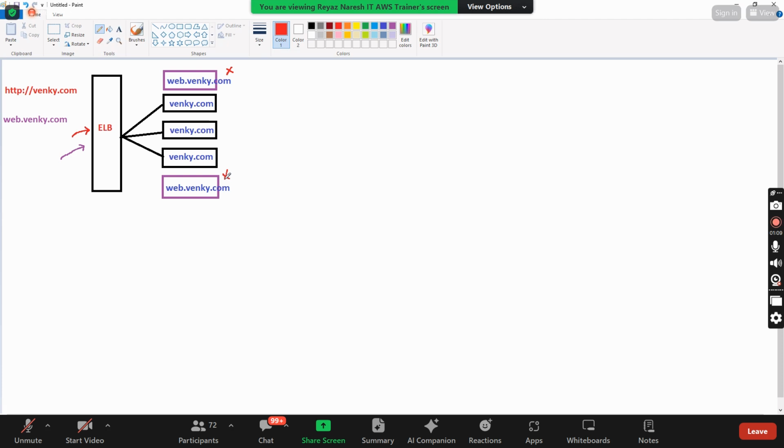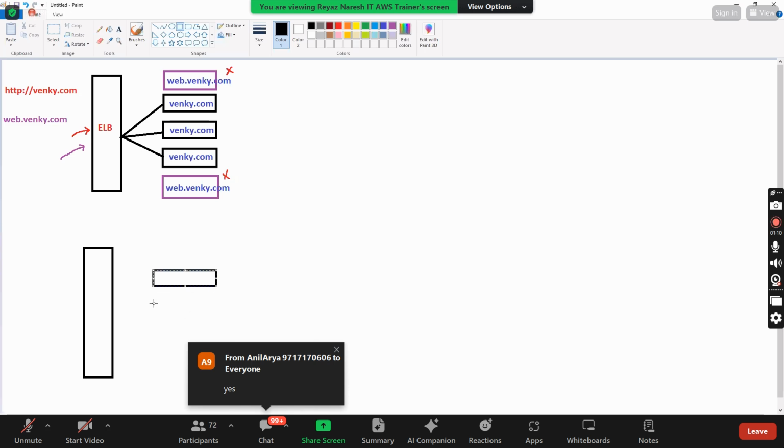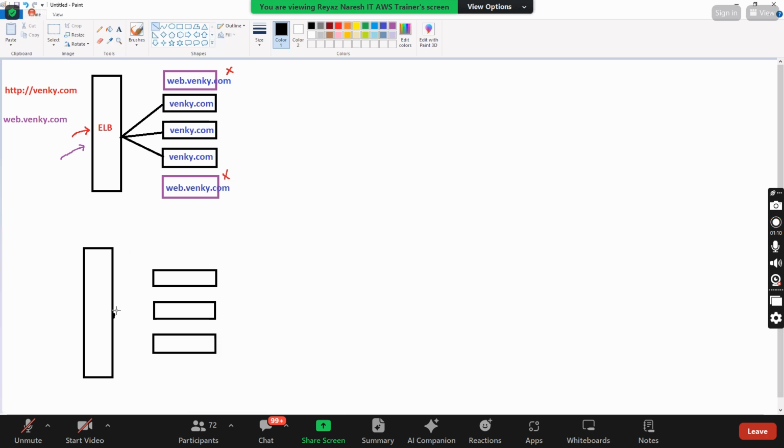No. What I need to do is create one more load balancer for web.venki.com, as this is a different website. So I need to go and create one more like this, and I have web.venki.com here.